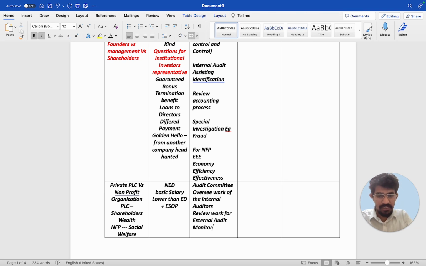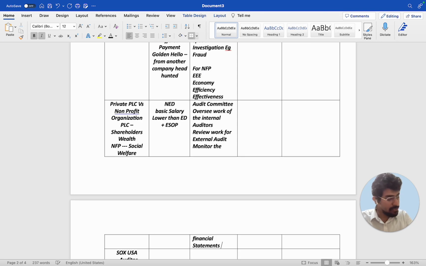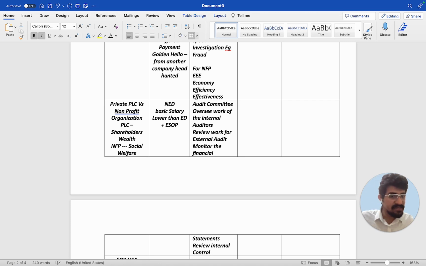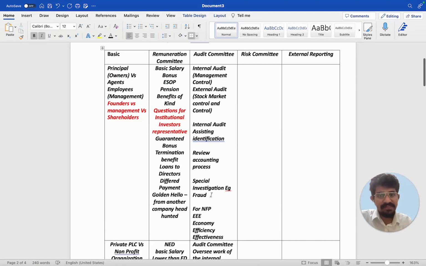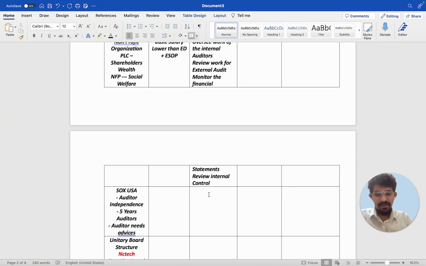And then, students, monitor the financial statements. And then, students, review internal control. If you observe this very practically, you can understand these are the fundamental things that should be done. And again, students, independence is very important, so one important factor is independence.